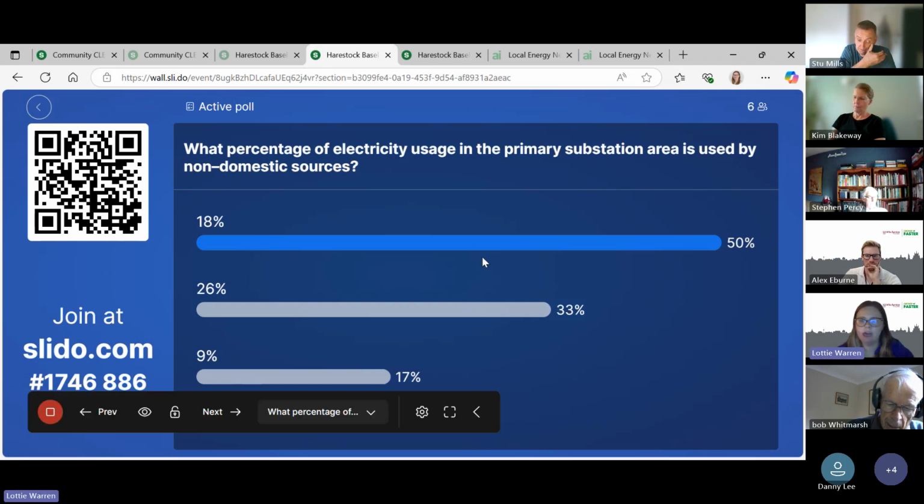Right, so once again here, let's have a look. The majority were correct. It is 18% used by non-domestic sources. So the other 82% is used obviously by domestic sources.